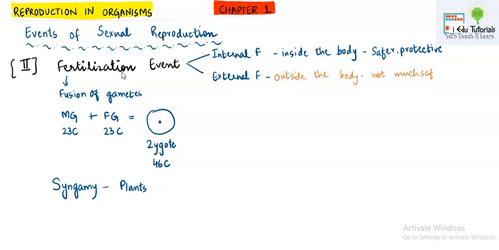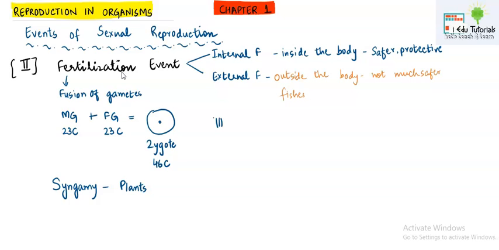So in fishes, generally in animals residing in aquatic conditions, they release their gametes outside and then fusion happens there. So you can see that harsh conditions are there. In fact, certain predators are also there. So the probability of the zygote growing further is a little less in comparison to internal fertilization. So both these terms should be clearer to you.